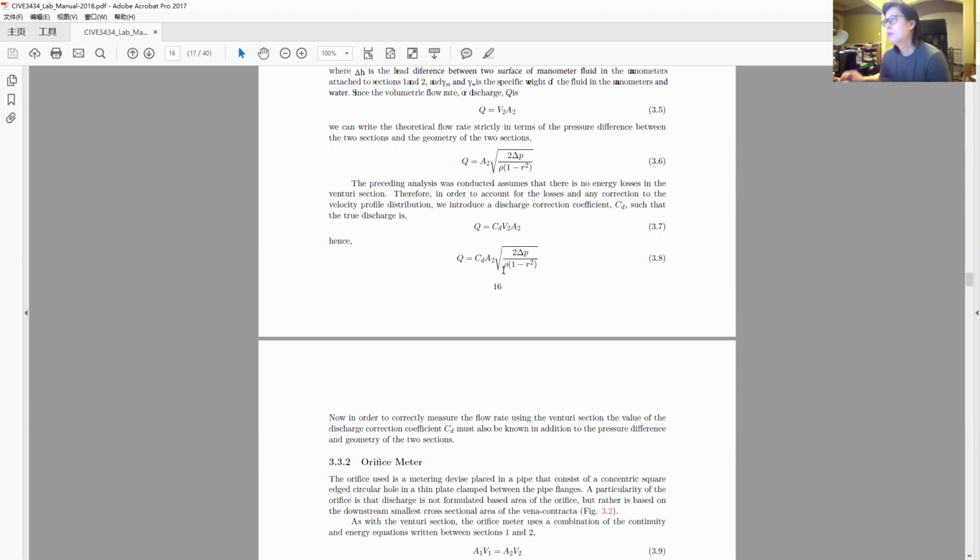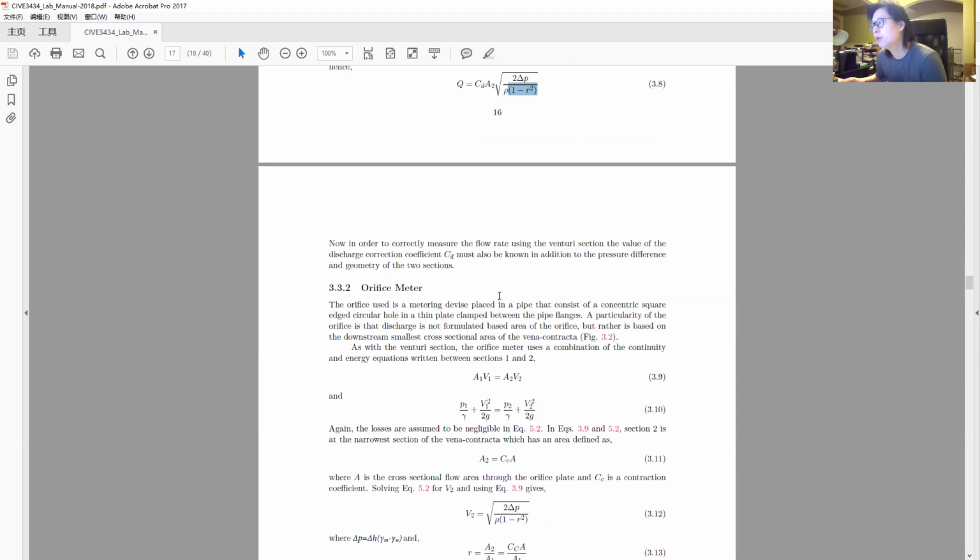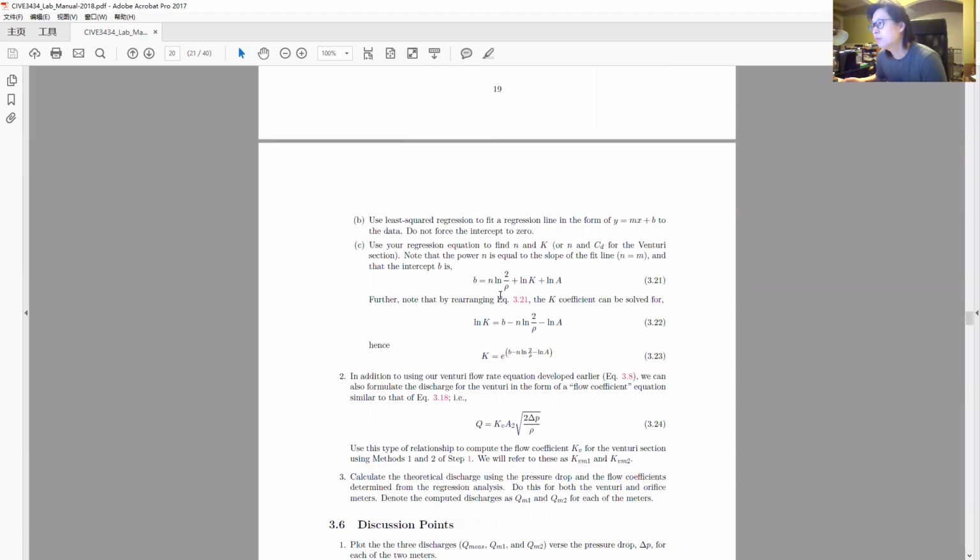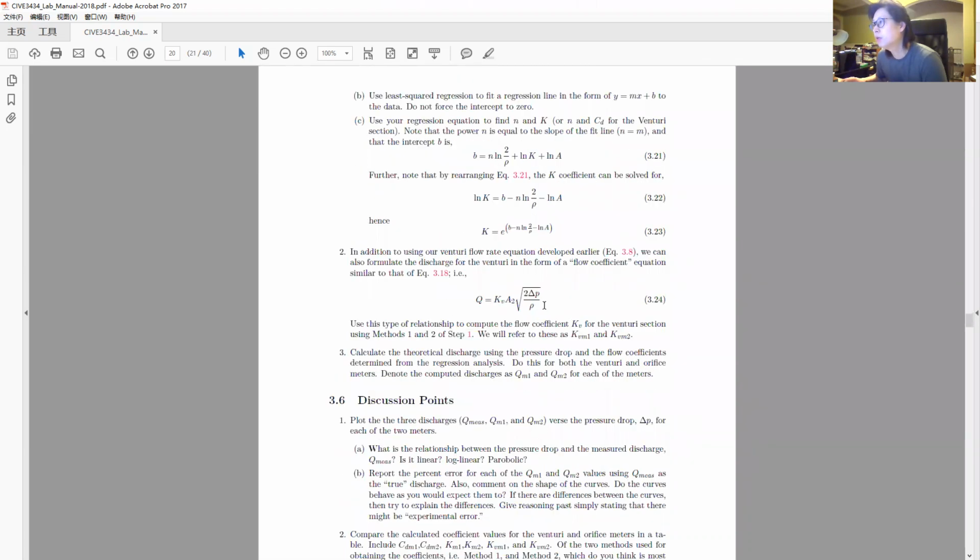So basically it means we don't use the CD anymore. We combine the 1 over r squared in the denominator, take it out with the CD, and form a new coefficient we call Kv. So basically your Kv is your original CD with the 1 over r squared part taken out.